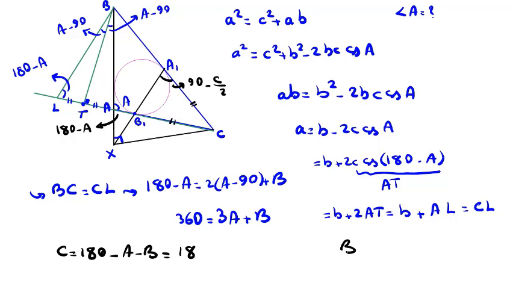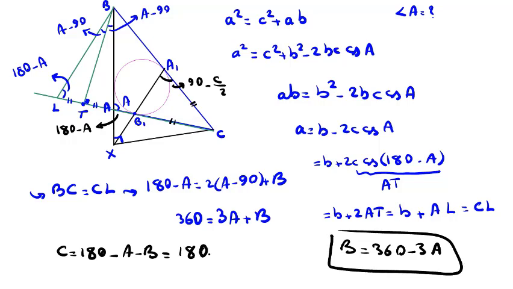Here we found B in terms of A. B is 360 minus 3A. So C is 180 minus A minus B, which is 180 minus A minus (360 minus 3A). Simplifying, 3A minus A is 2A, minus 360 plus 180 gives minus 180.